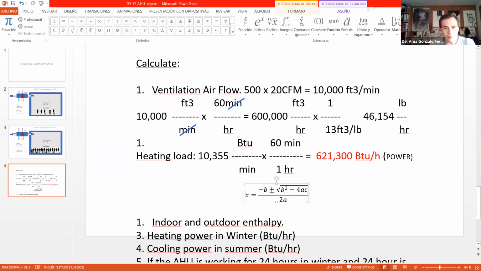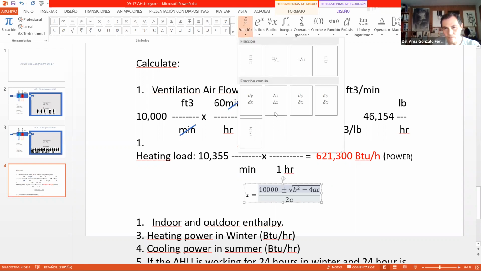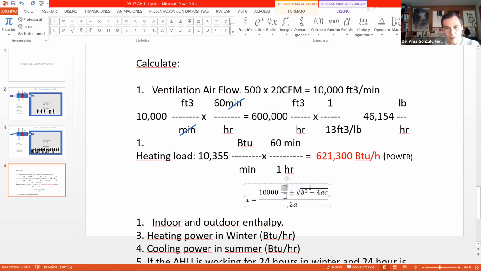And now it's easy because here we only have to change things. If we type here 1000, and if we want to insert, for example, cubic feet per minute, we can always insert a fraction here, this one, and this can be cubic feet per minute.